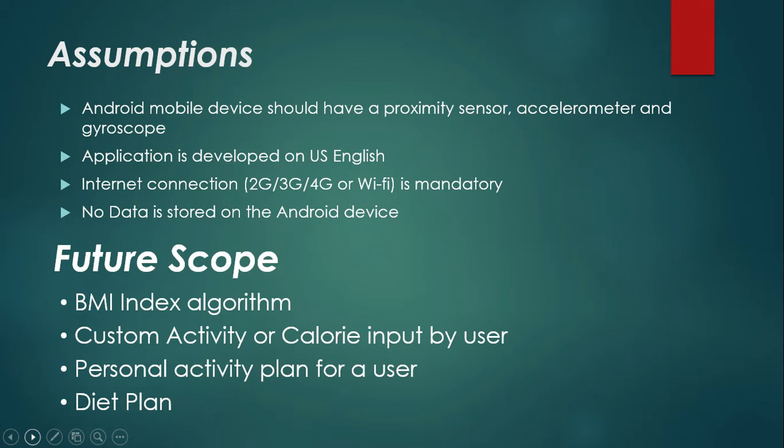An internet connection is mandatory in order to make REST API calls from the Android mobile device. On the Android device, no data will ever be stored. This is to safeguard the user's privacy.